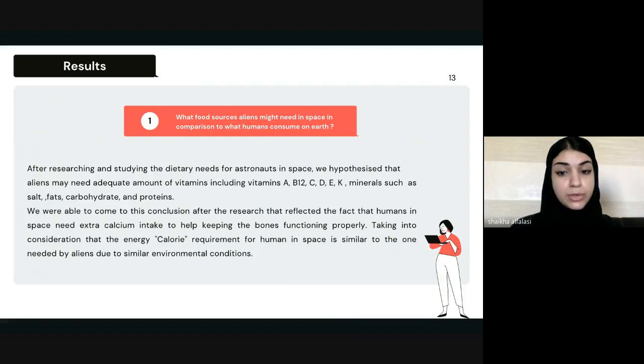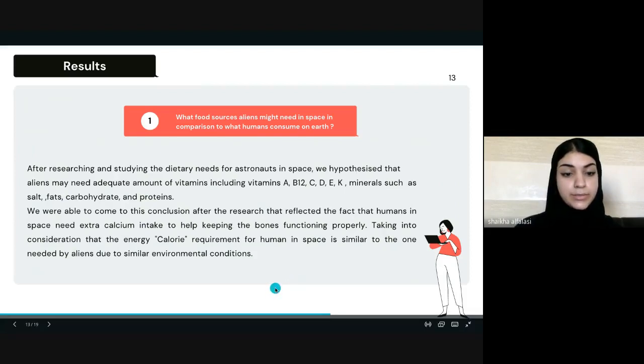We were able to come to this conclusion after research showed that humans in space need extra calcium intake to help keep the bones functioning properly, taking into consideration that the energy calorie requirement for humans in space is similar to that needed by aliens due to similar environmental conditions.